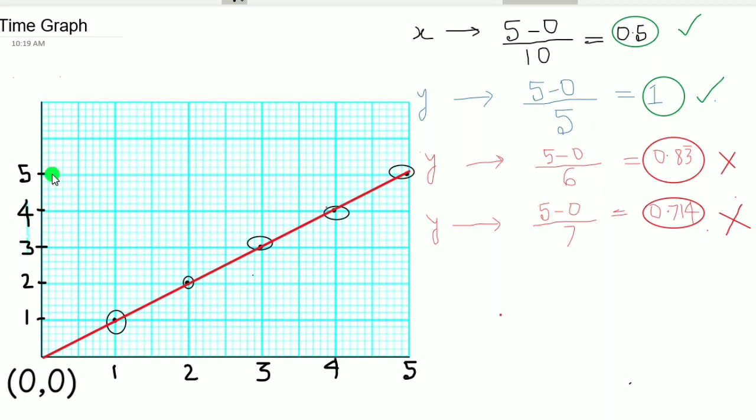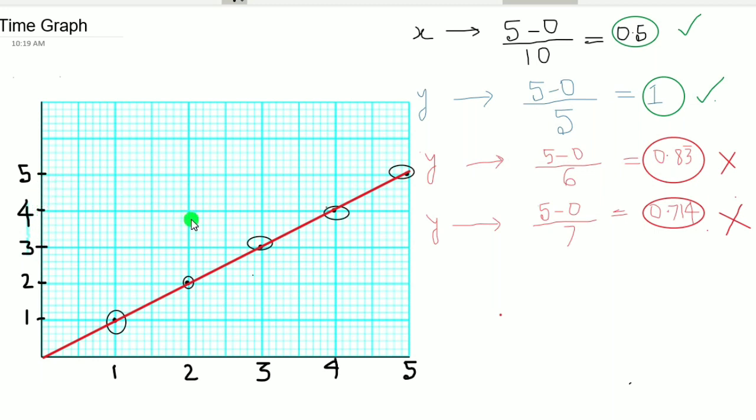And that's why along the t-axis we have taken 0.5 second as the smallest value. It is 0.5, it is 1, it is 2, in this way. On the y-axis, we have taken the smallest value, taking the big squares: this is 1, this is 2, this is 3, this is 4, this is 5.